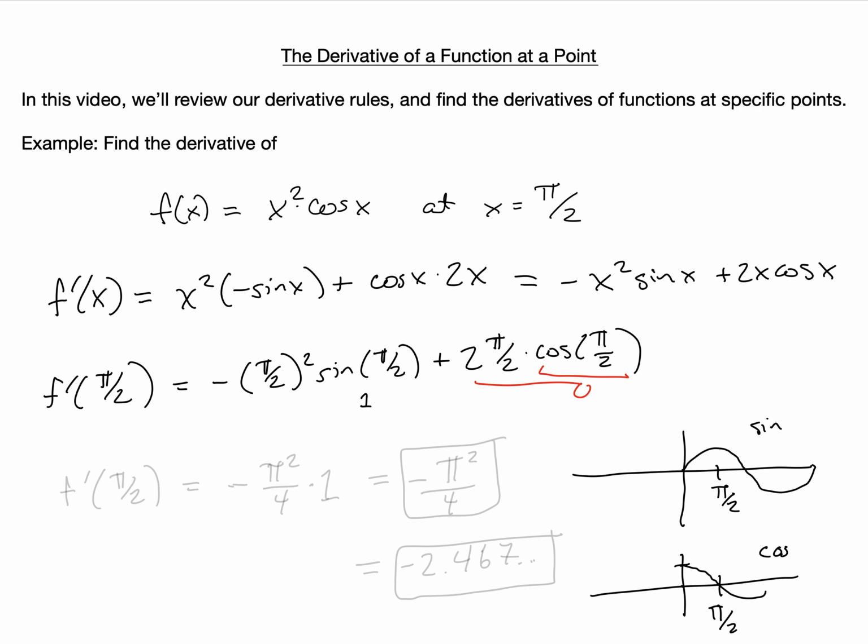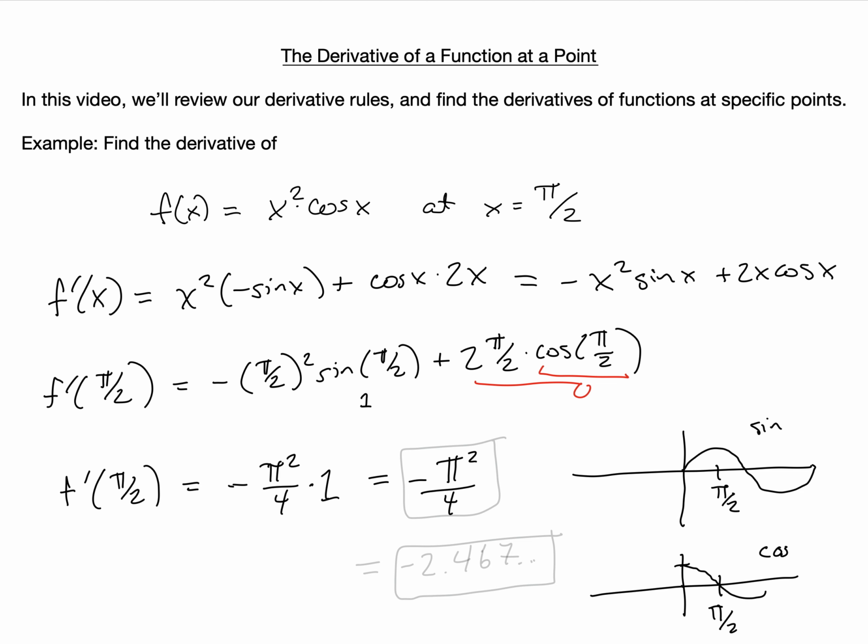What we have remaining is f prime of pi over 2 is equal to negative pi over 2 squared, so that's pi squared over 4, times sine of pi over 2, that's just 1, and so we're left with negative pi squared over 4.